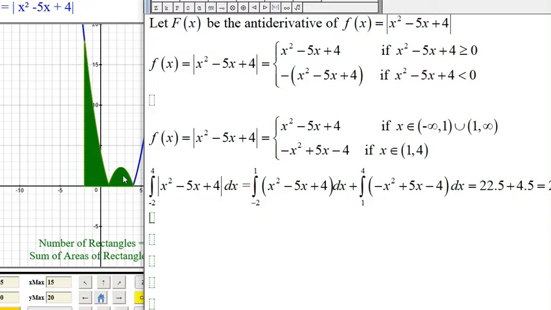And so altogether the entire shaded region is 27.